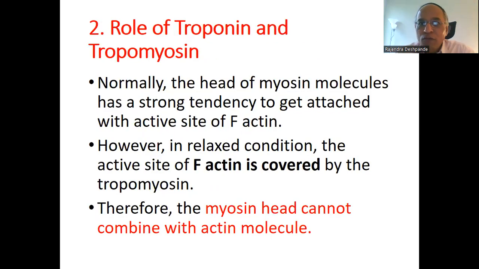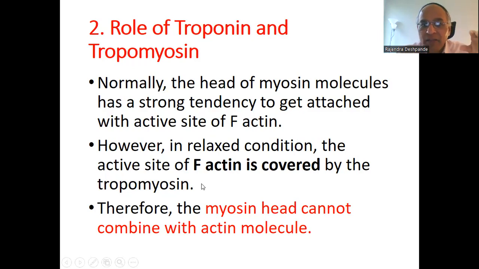Now, the role of troponin and tropomyosin. Normally, the head of the myosin molecule has a strong tendency to get attached to the active site of F-actin. However, in the relaxed condition, the active site of F-actin is not open.